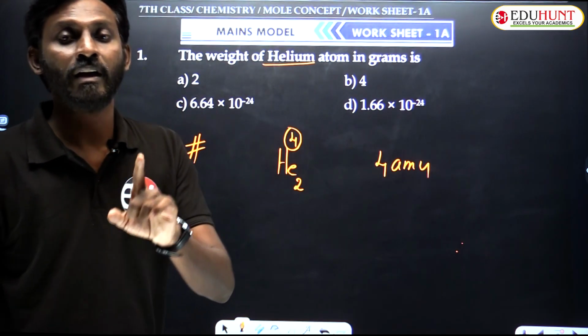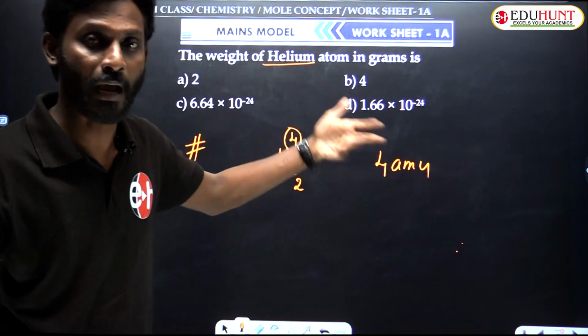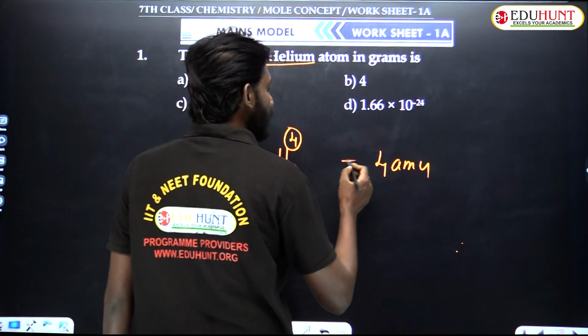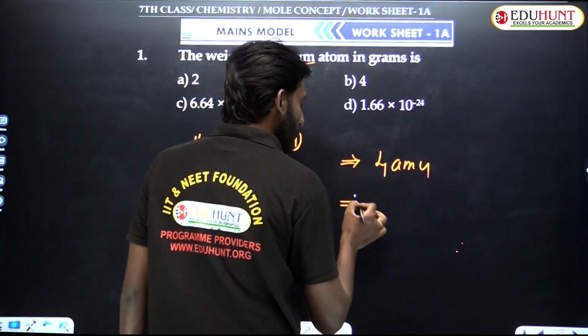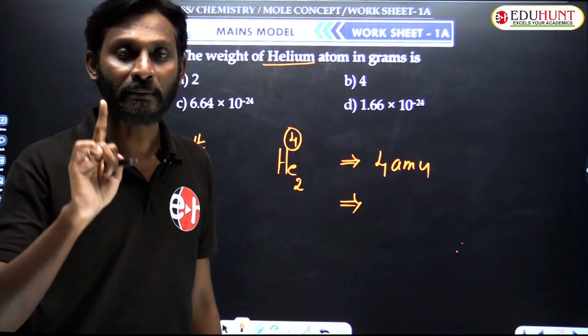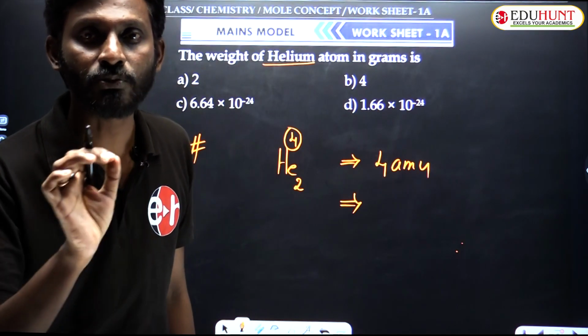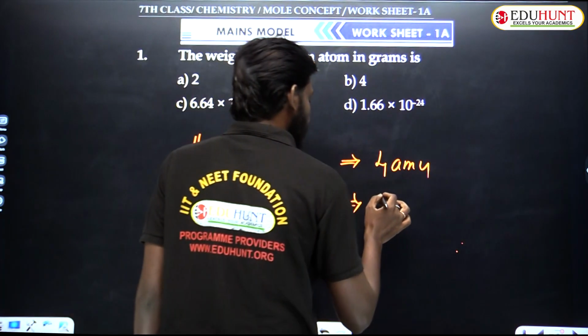But if you want, you can write this mass in grams also. How? You know very well, 1 AMU is equal to how many grams? 1 AMU is equal to 1.66 into 10 to the power of minus 24 grams. So simple.